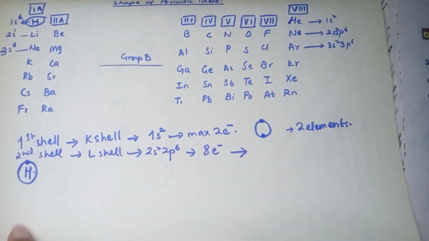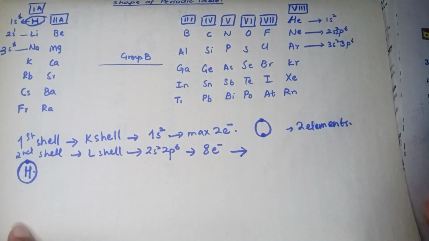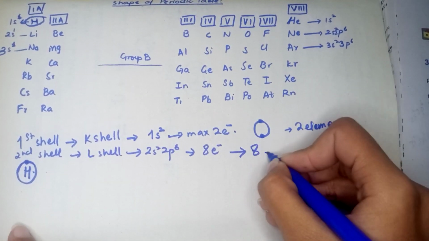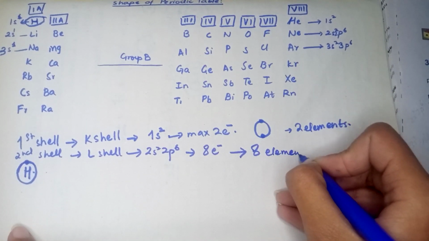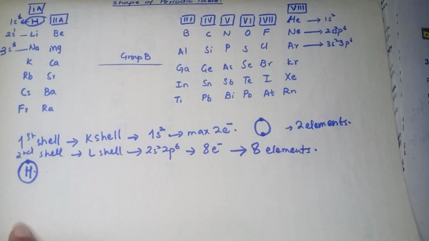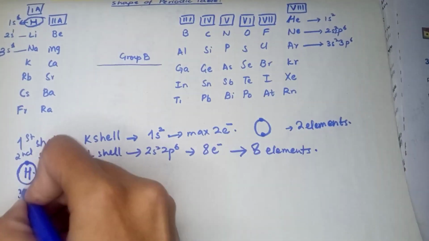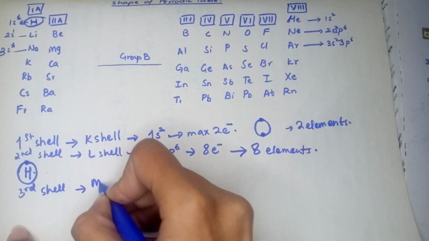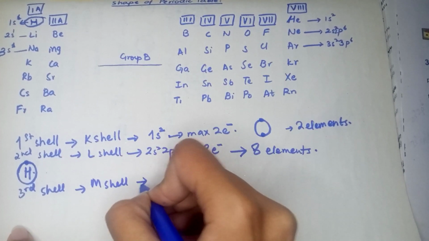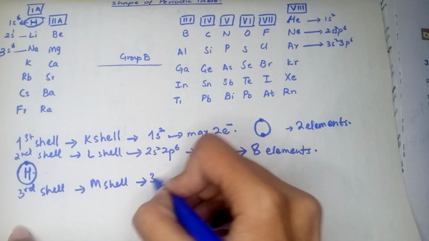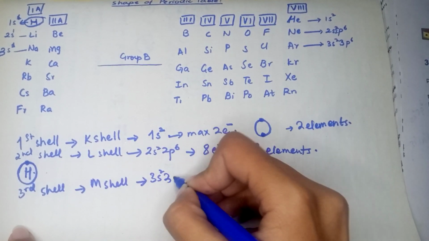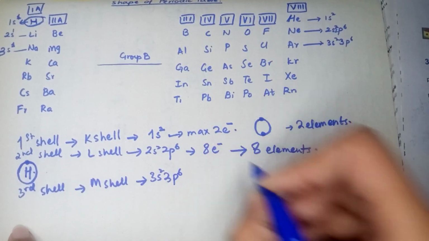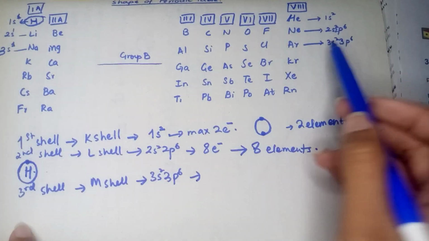It means it would have how many elements? Definitely 8 elements. Similarly, the third shell, which is also known as the M shell. What is the electronic configuration of the M shell? It is 3s2 3p6.